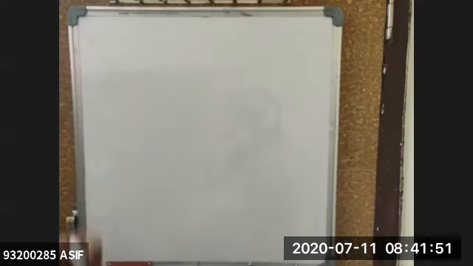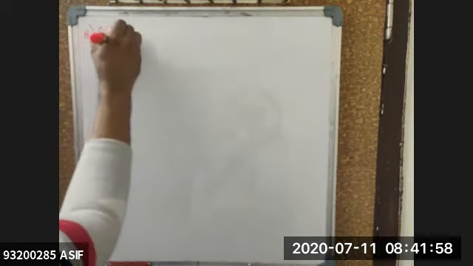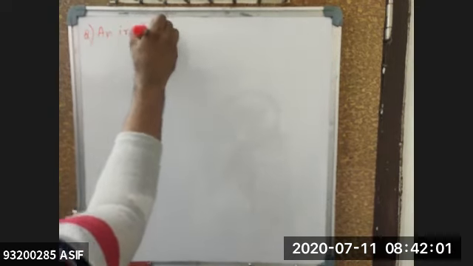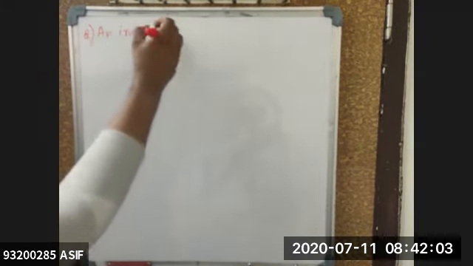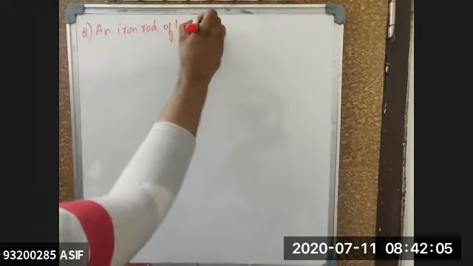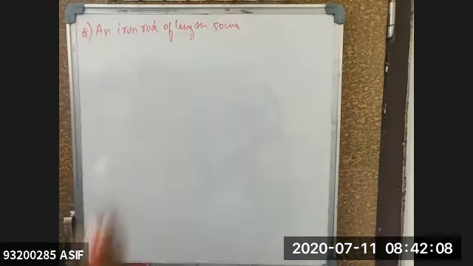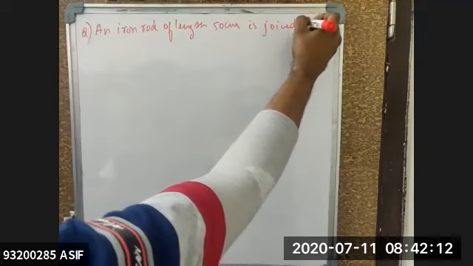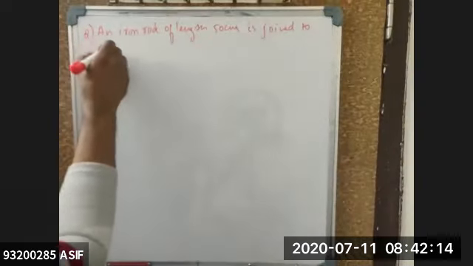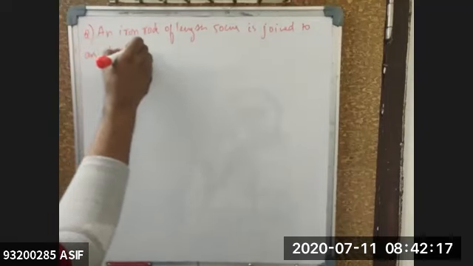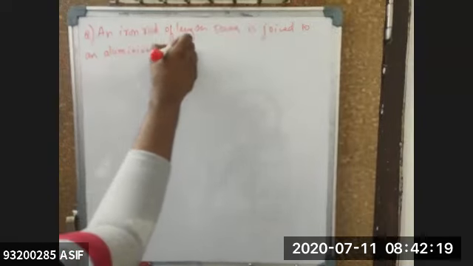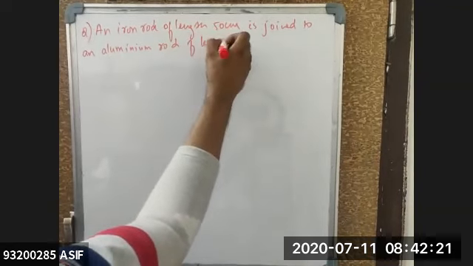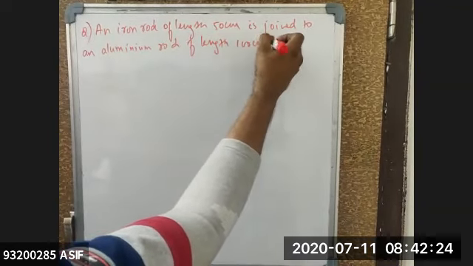Next question. See this question. An iron rod of length 50 centimeter is joined to an aluminum rod of length 100 centimeter.